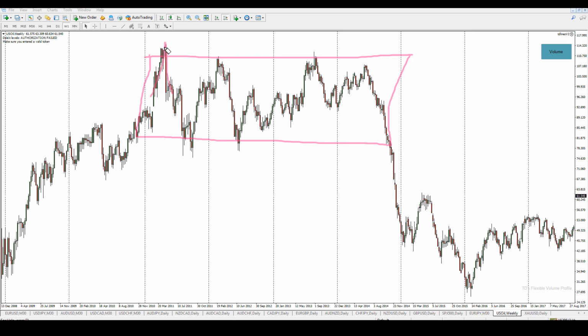As you can see, the sellers were aggressively rejecting the higher prices and the buyers were defending the lower prices. So this is exactly what I was talking about when I was showing you the balanced market, all right?